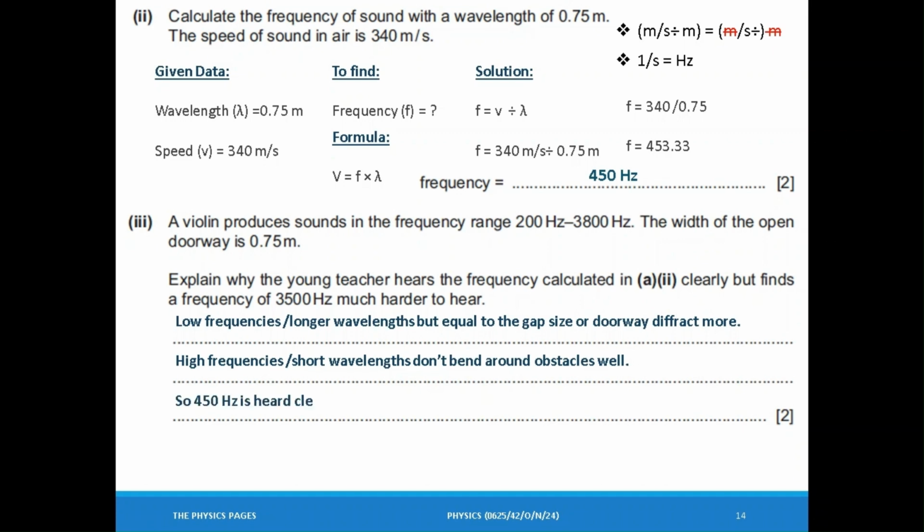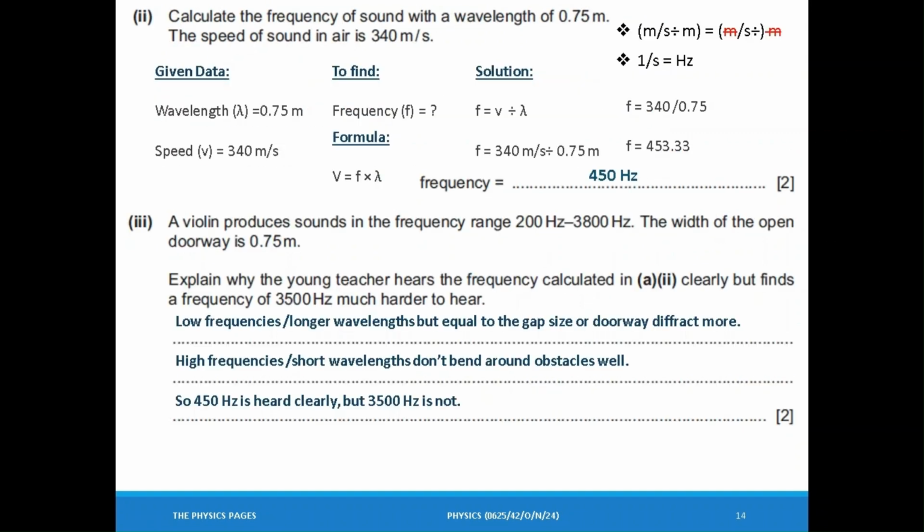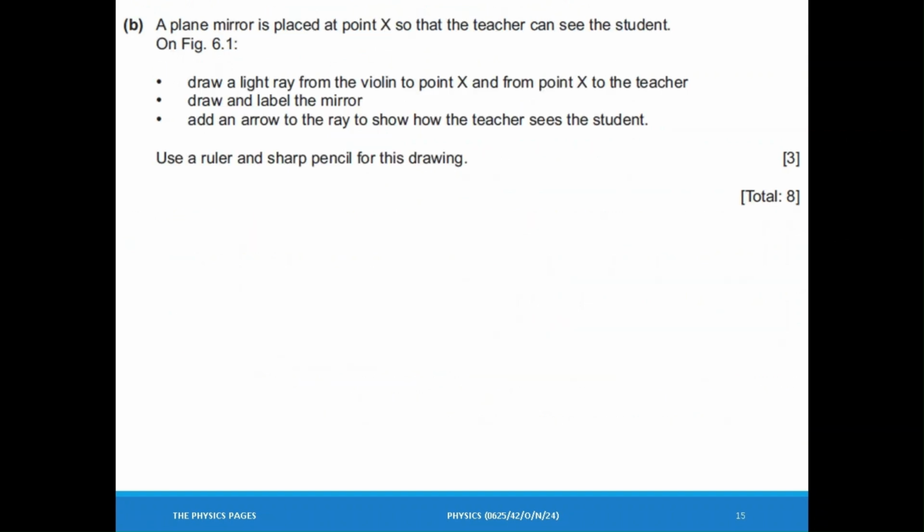In contrast, high-frequency sounds, like 3500 Hz, have much shorter wavelengths. These short wavelengths do not bend well around obstacles, making them harder to hear from behind the doorway. Therefore, the teacher hears the 450 Hz sound clearly, but finds the 3500 Hz sound much harder to hear.